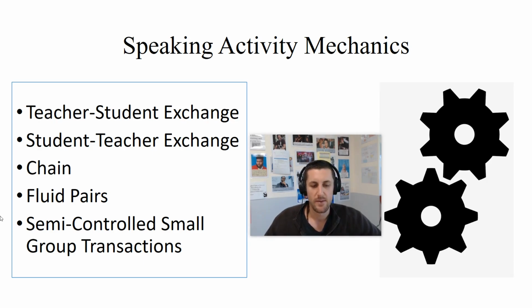And finally, semi-controlled small group transactions. This serves as what she calls the skeleton of a dialogue. So small groups might sit together and they might have a question, but rather than just having some kind of free talking exchange in which students might feel intimidated or where one student might dominate the discussion, semi-controlled is just like that. It's controlled.